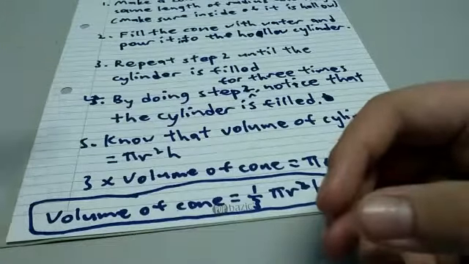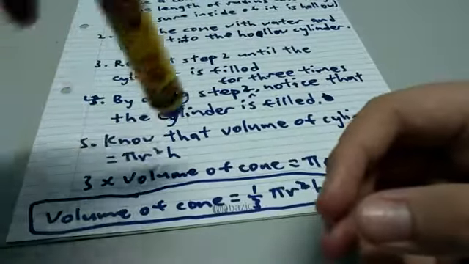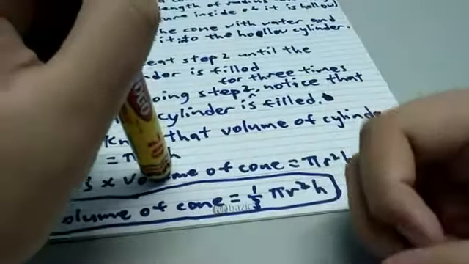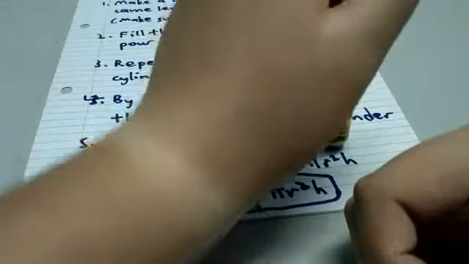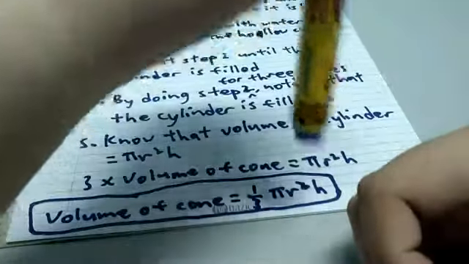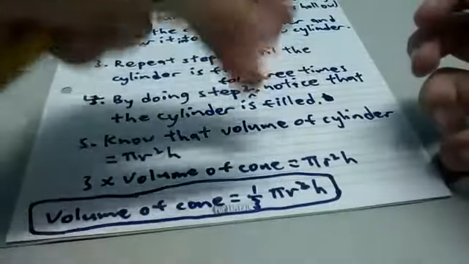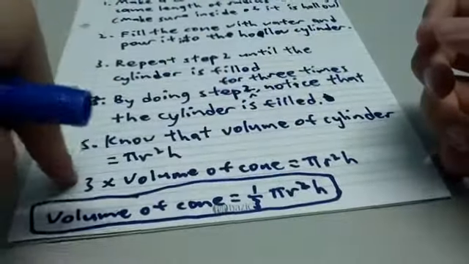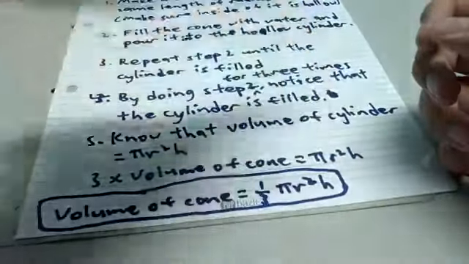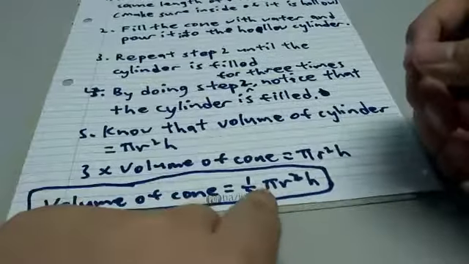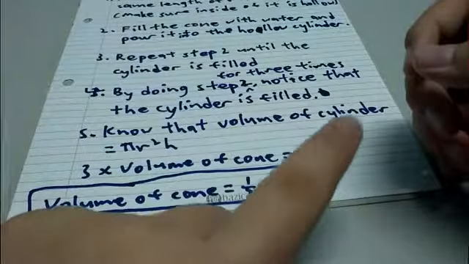By pouring the cone filled with water into the cylinder 3 times, you get a cylinder filled with water. So the volume of a cone is equal to 1/3 pi r squared h.